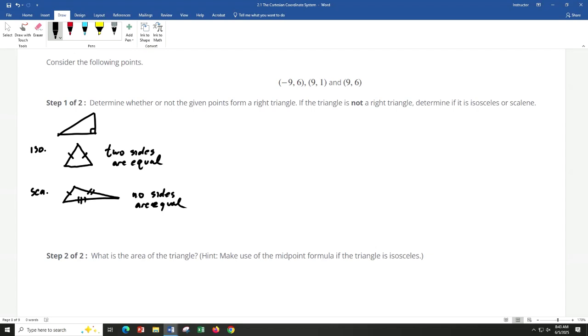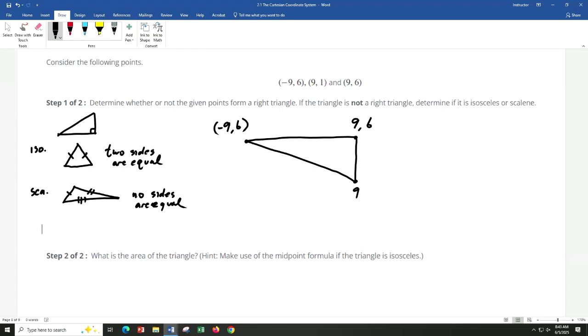Okay, so let's look at it this way. If I graph these, they look like this. I had 1 here, 1 here, and 1 here. Well, look at what I get. Here I've got -9, 6. Here I've got 9, 6.